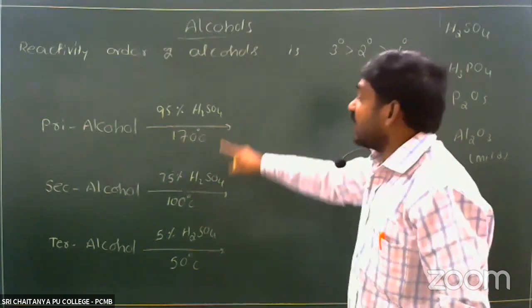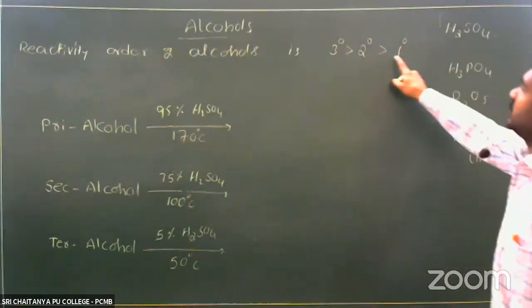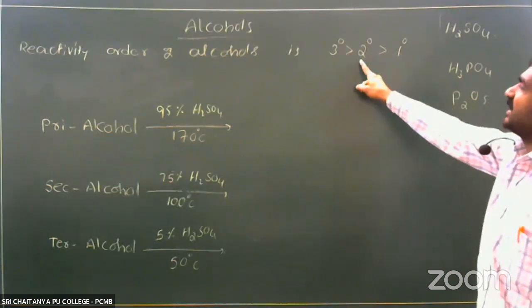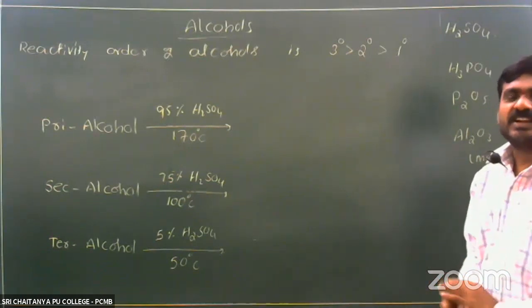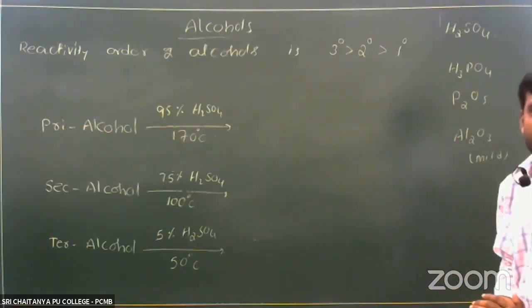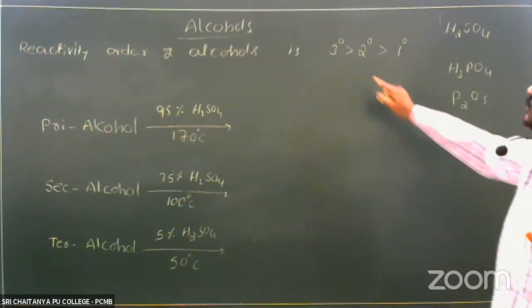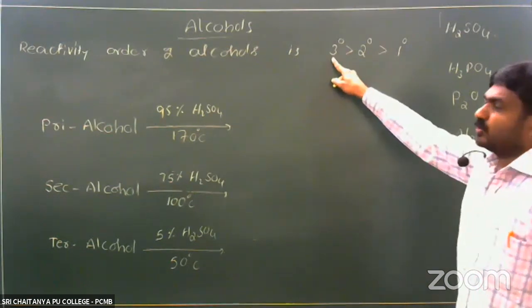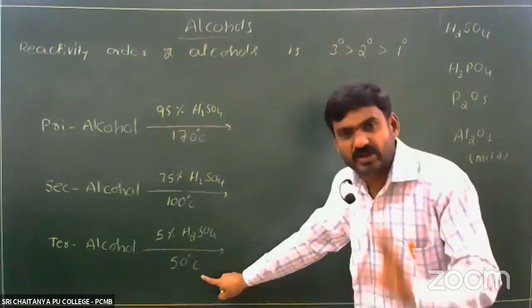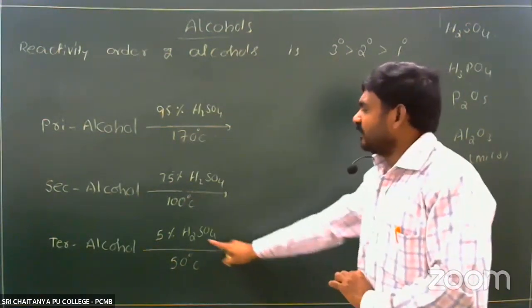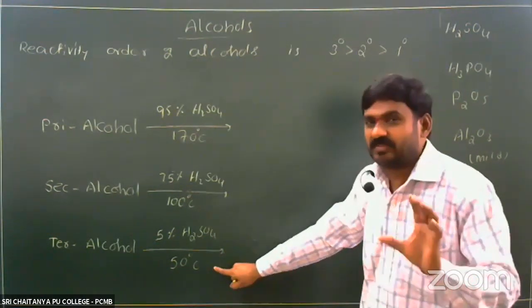This is the evidence for the reactivity order of primary, secondary and tertiary alcohols towards dehydration. Tertiary alcohols are more reactive because they can form a tertiary carbocation, so they require 5% sulfuric acid and 50 degrees centigrade.